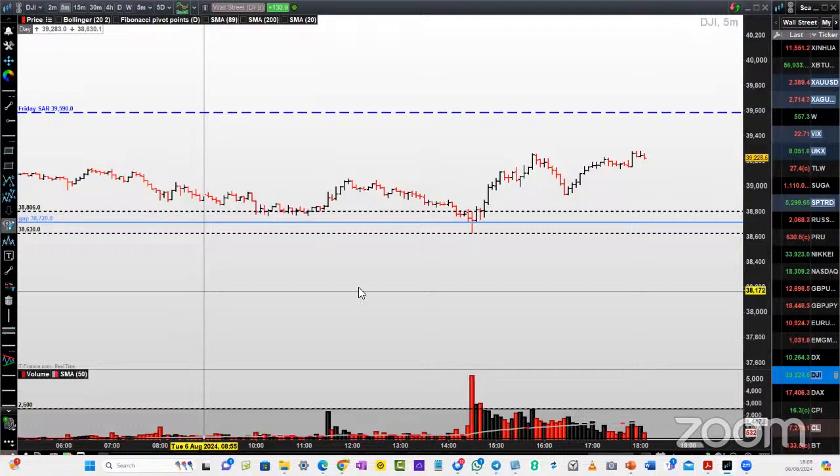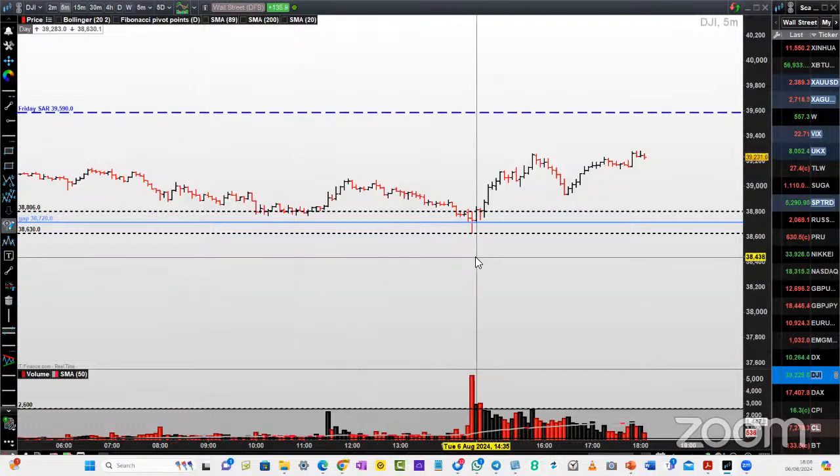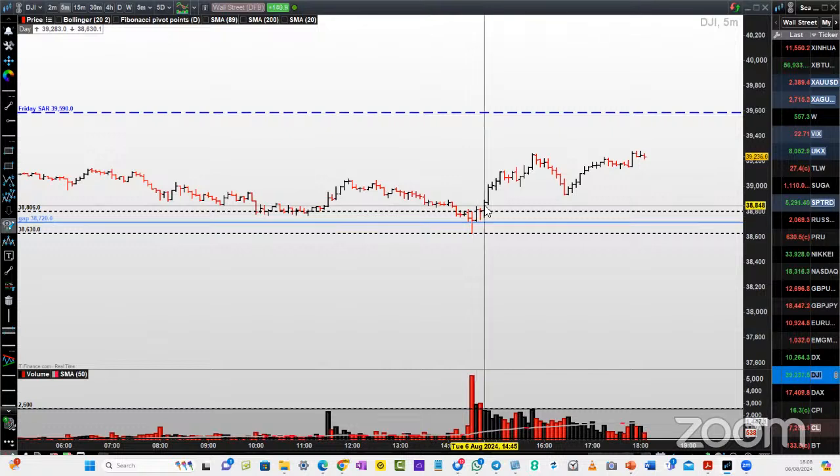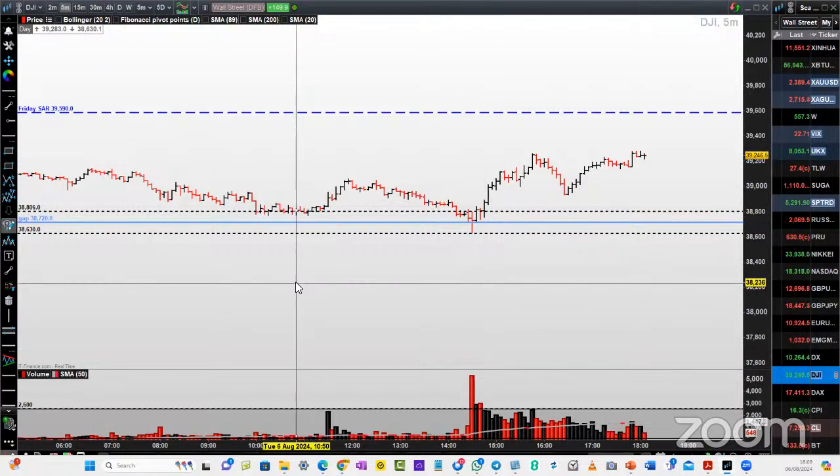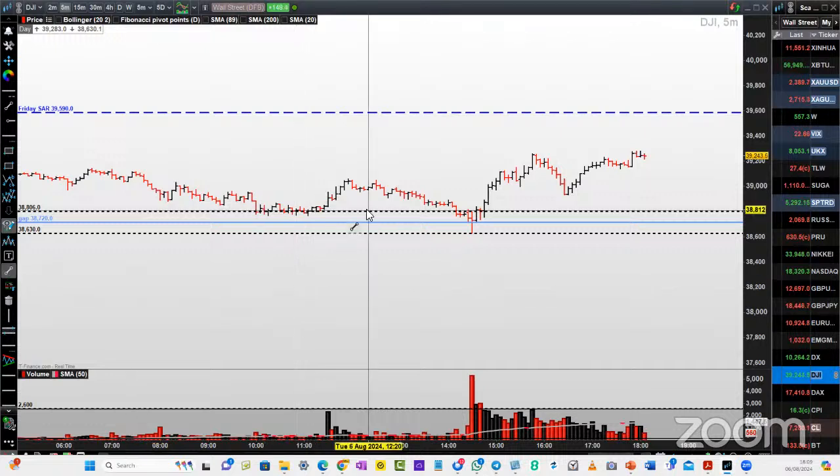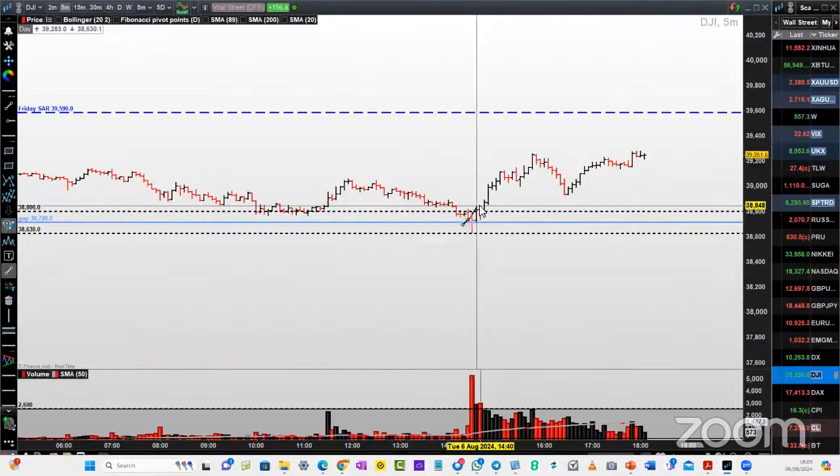The second thing is this second 5 minute bar, which I'm highlighting, closed at 38.48. In other words, it broke the high of the open range. What I'm looking for is which way it's broken. Initially it broke up. The third 5 minute bar came back into the range, and the fourth 5 minute bar closed higher.